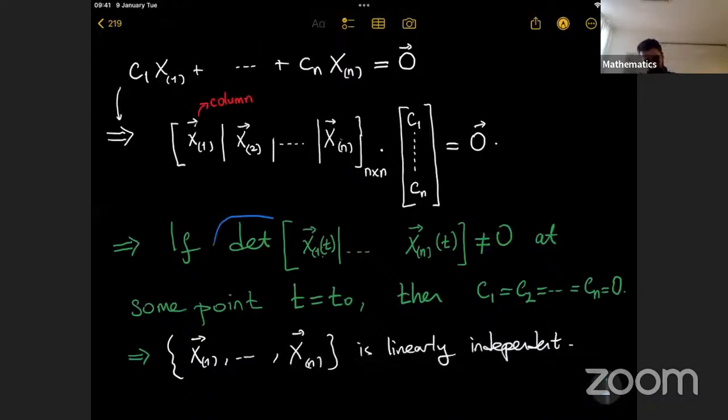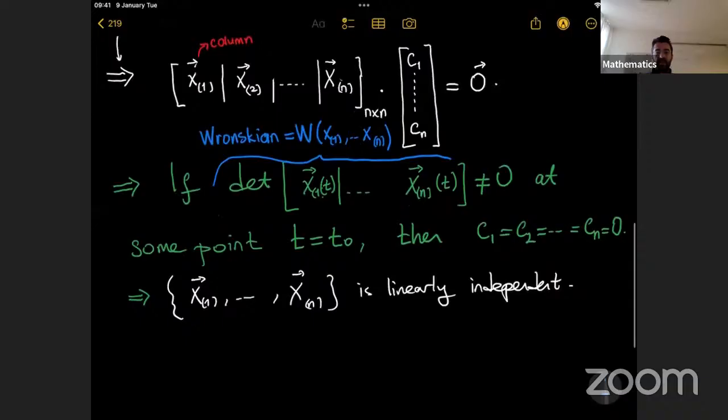This determinant here is the Wronskian of x1 up to xn. It's also called the Wronskian of these vectors. So basically, if the Wronskian is non-zero at some point, then you have a linearly independent set.